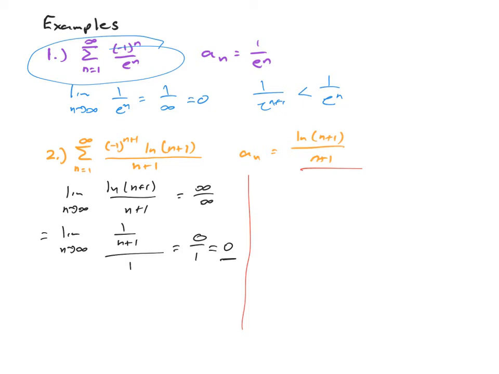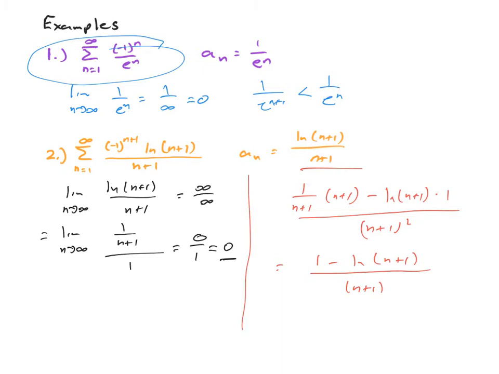So when I take the derivative, I'm going to get the derivative of the top, 1 over n plus 1, times n plus 1, minus the natural log of n plus 1 times 1, the derivative of the bottom, all over that bottom squared. So this thing is going to simplify to be 1 minus the natural log of n plus 1, all over n plus 1 squared.